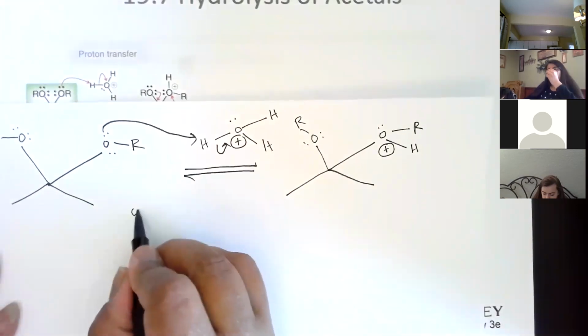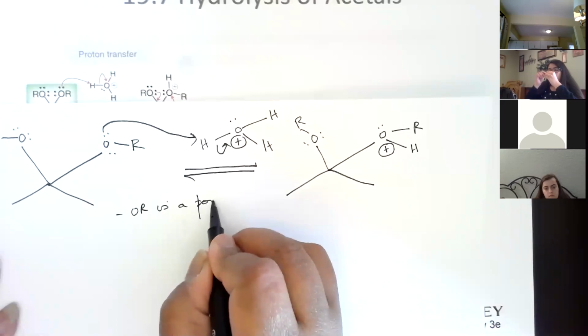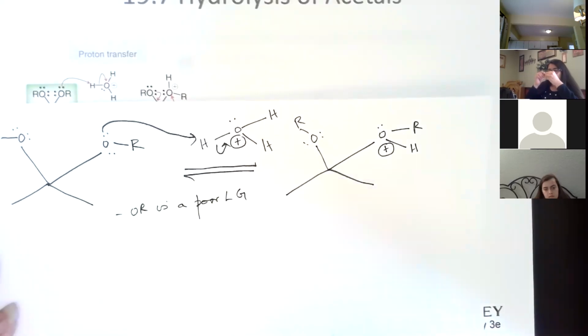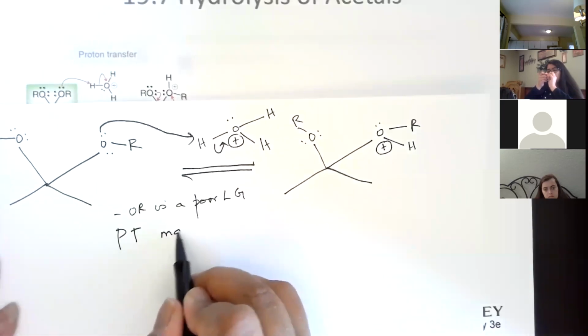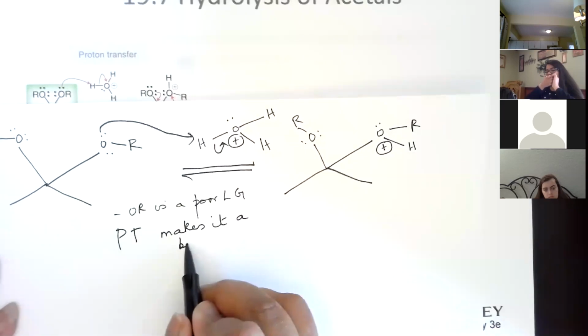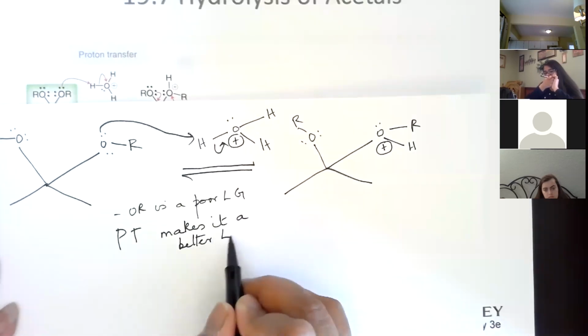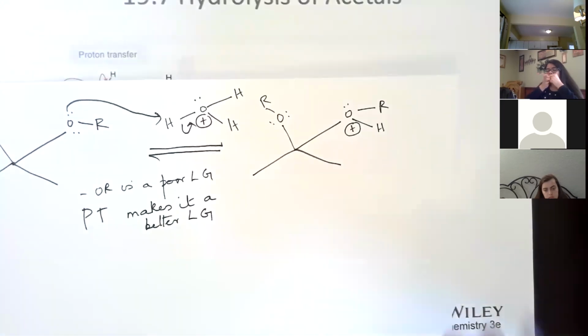So what have we done? Protonation makes it a better leaving group. So what's the next step?